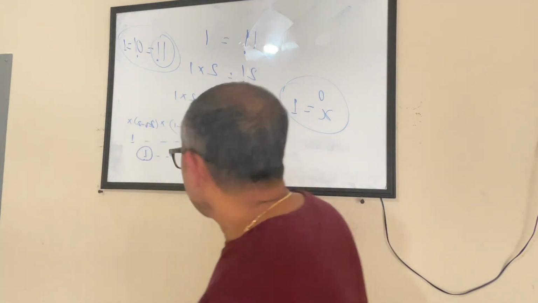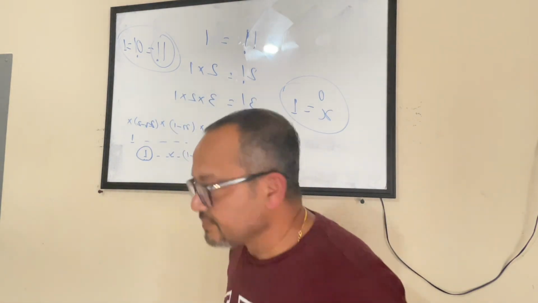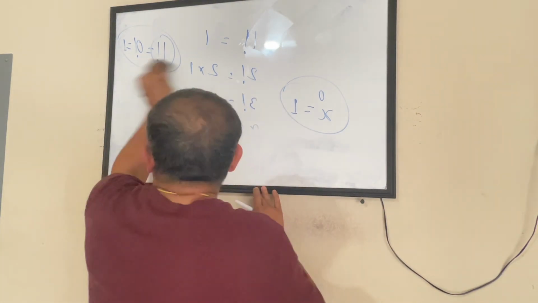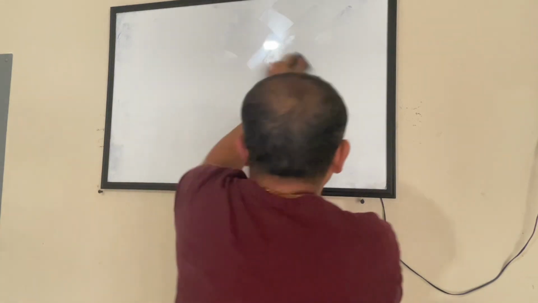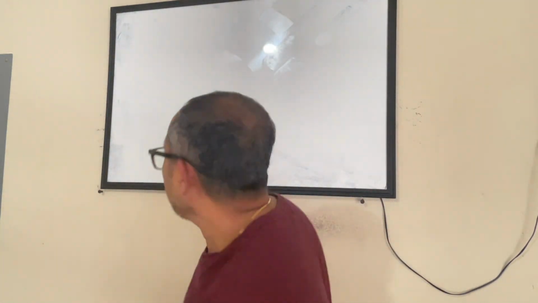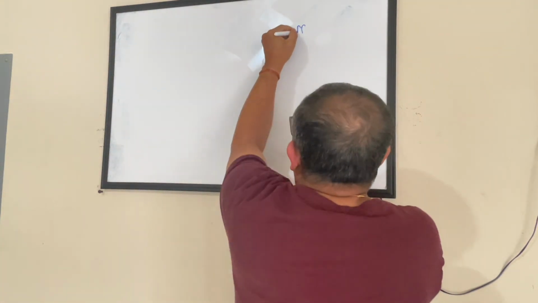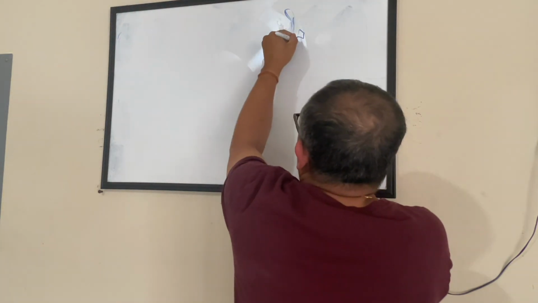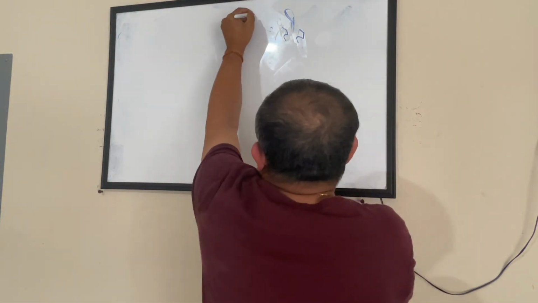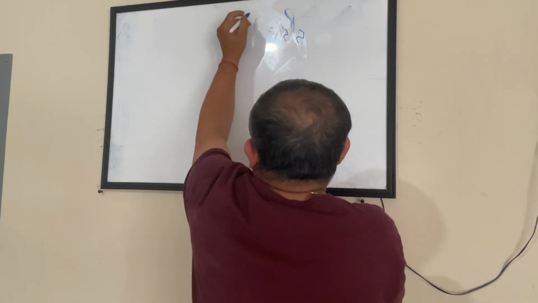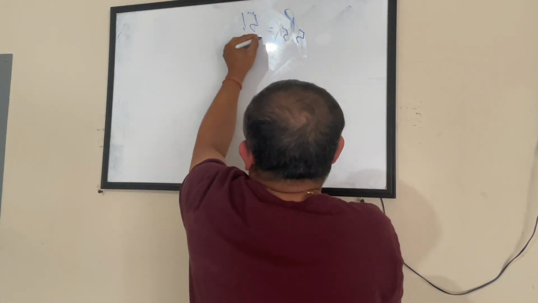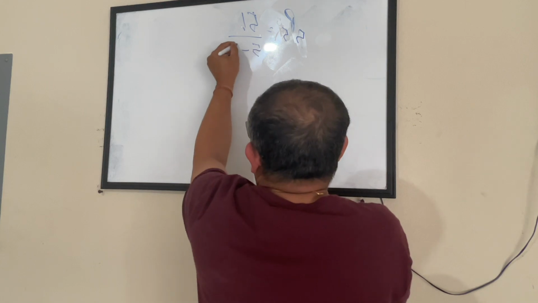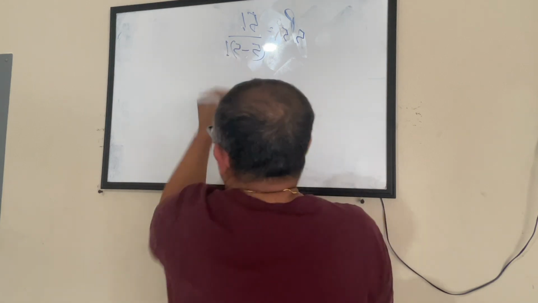Okay. So now going back to the whole thing that I was talking about, where we said 5 things to be filled by 5, 5 permutation 5 equals factorial 5, or we can say factorial 5 divided by 5 minus 5 factorial.